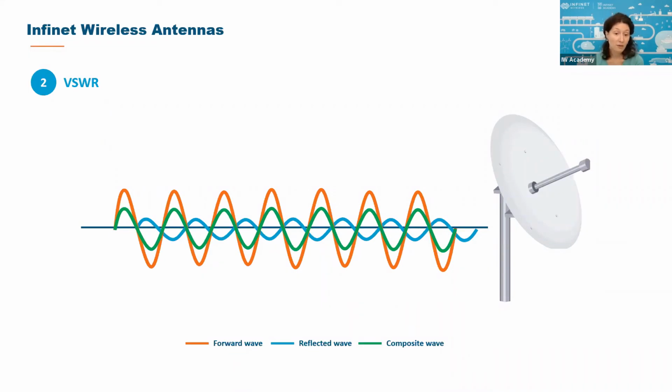A high VSWR value greater than 2, for example, will cause a significant power loss on certain frequencies and also the signal distortion that leads to retransmission and data transfer errors. The VSWR value for the Infinet units does not exceed 1.7, and it is evenly distributed over the frequency range, ensuring a proper signal quality.